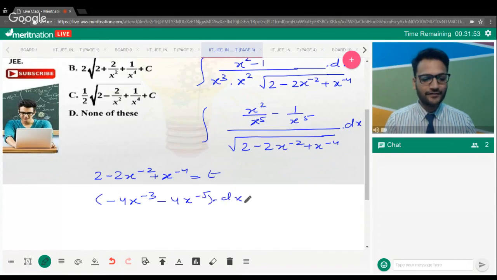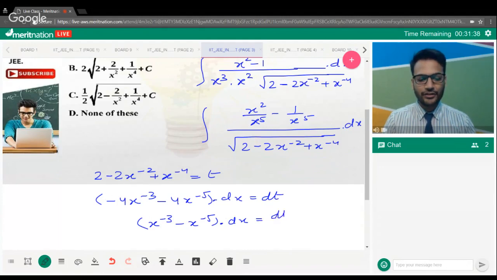I hope all of us are comfortable with this. So taking x to the power n as common, we have x to the power minus 3 minus x to the power 5 dx is equal to negative 4. When being taken as common, you can put it over here as negative 4 in the denominator, right?